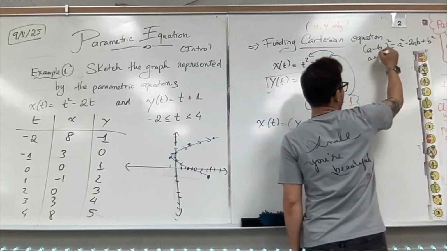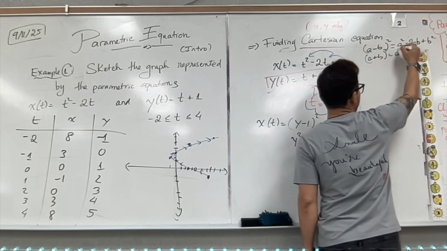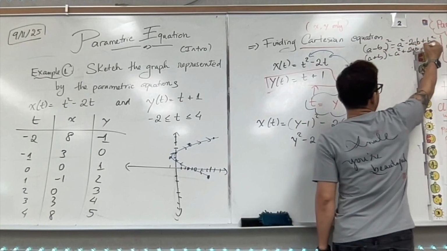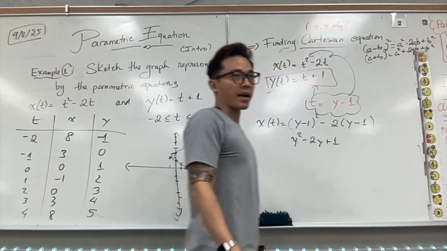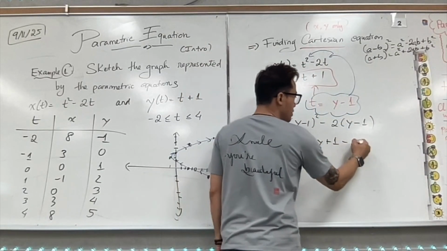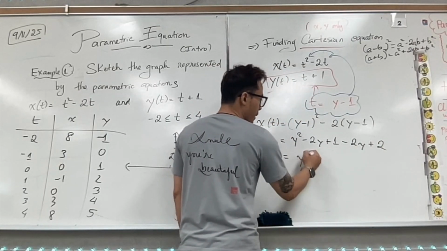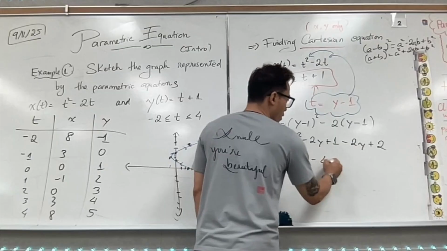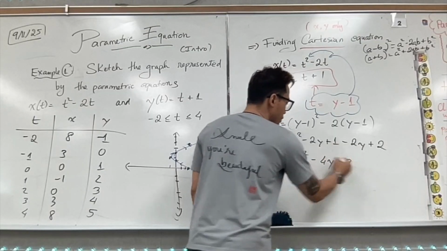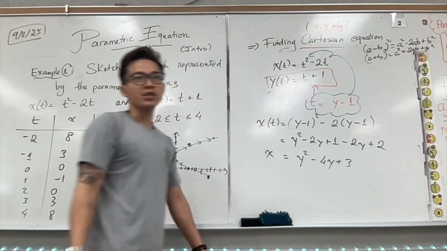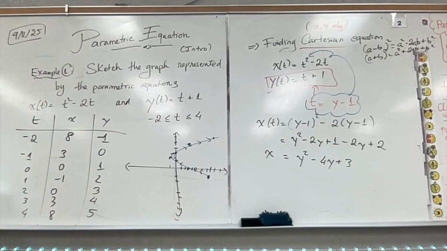And if it's a plus b squared, you just need to change the sign. Alright. And then minus 2y plus 2. Simplify this, you have y squared minus 4y plus 3. And that is your function. Yeah?